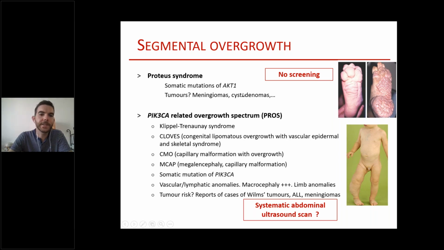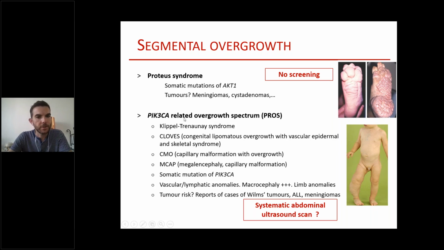Some tumors have been described in patients with Proteus syndrome, but again, the type of tumor is very variable, and nowadays no screening strategy has been recommended for patients with Proteus syndrome.